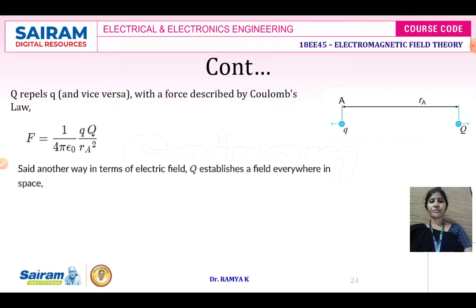When you consider the charge Q to be the test charge, then force acting on that particular test charge is going to be your electric field intensity. So here the charge Q is considered to be a test charge.